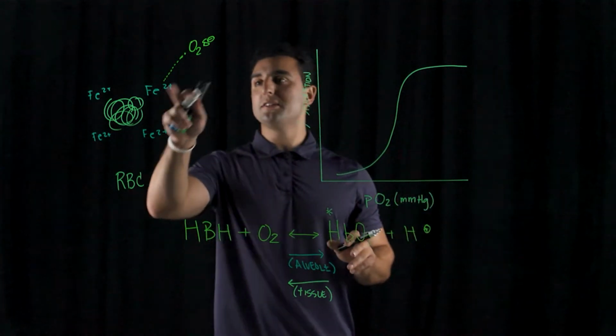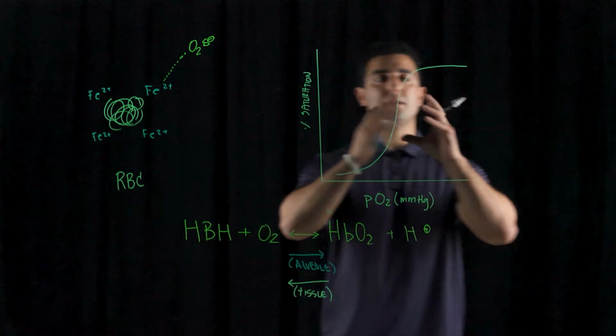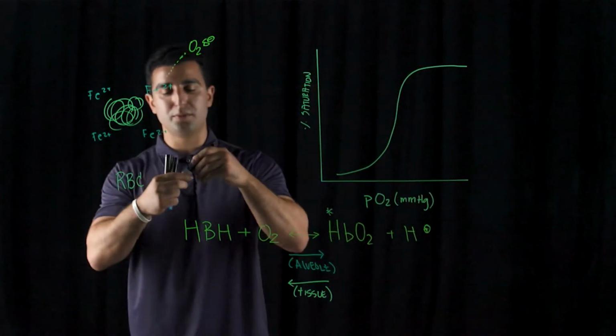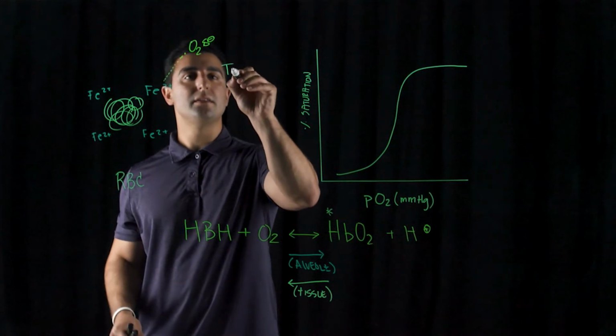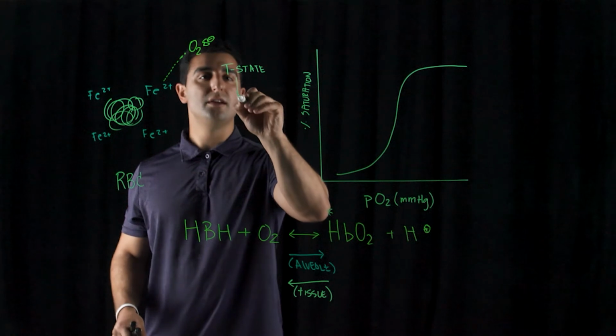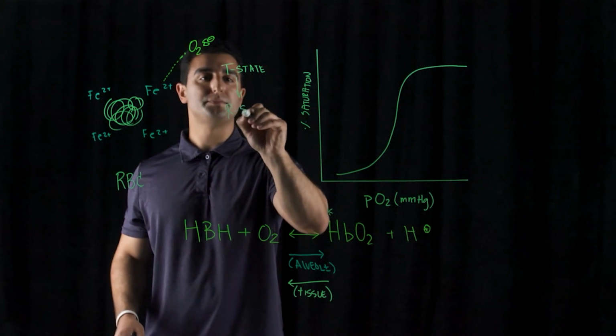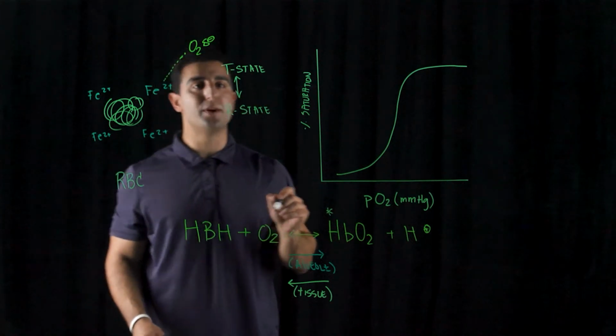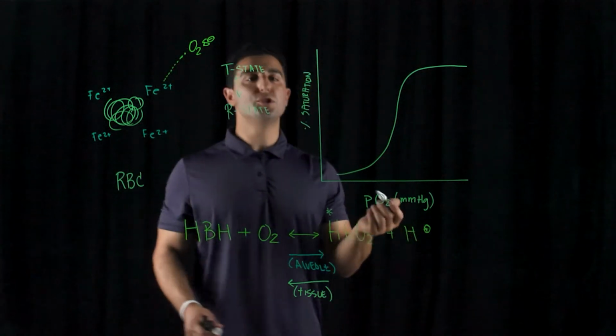However, when one oxygen binds, this reconfigures and it becomes this state called the R state. So it goes from the T state to the R state, the more relaxed state. And again, I'm going to write both arrows, meaning it's reversible.